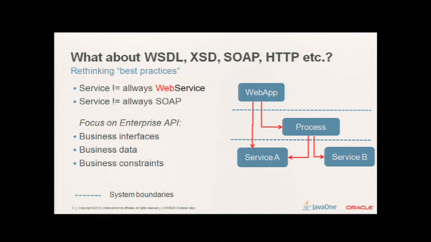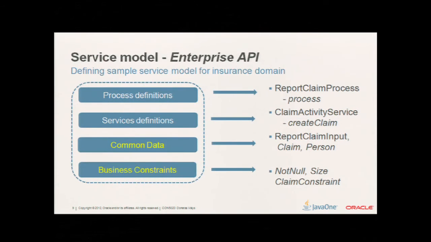If you have a closed system, it might be difficult to integrate other clients. And as a system is part of a whole stack, components need to communicate. So at the core there is business functionality, so business interface, business data, and business constraints, which define our SOA. And after that comes the technology, how they are exposed.